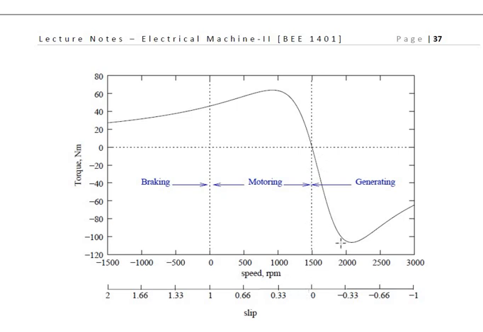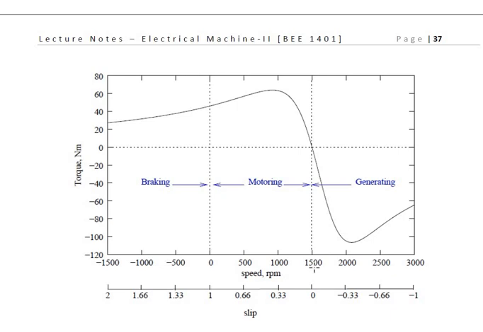So the slip range for the motoring action is 1 to 0, and for generating the slip range is 0 to minus 1, and the speed ranges from synchronous speed to double the synchronous speed. Here synchronous speed is 1500 and this is 3000, so it is double the synchronous speed.